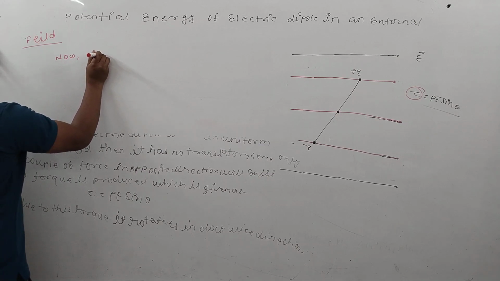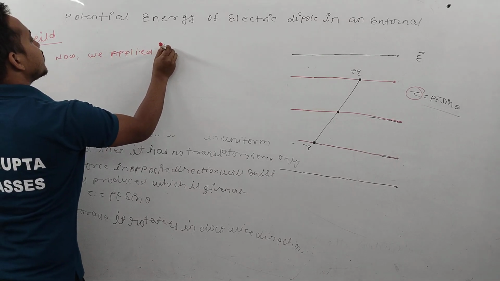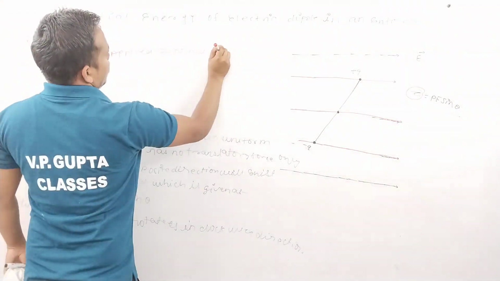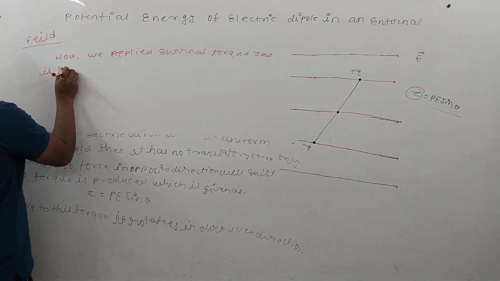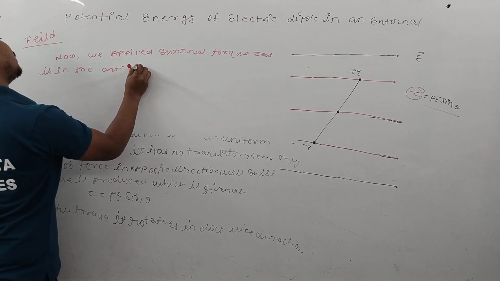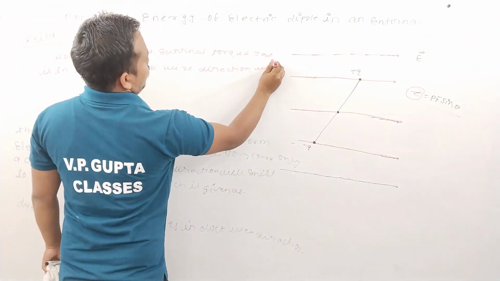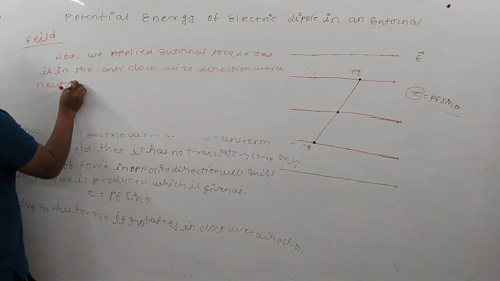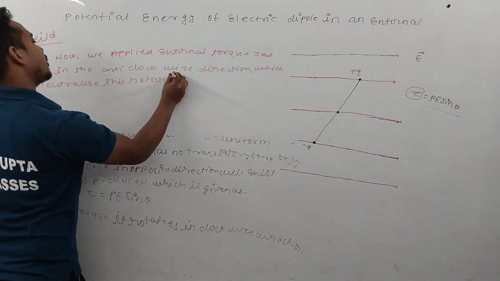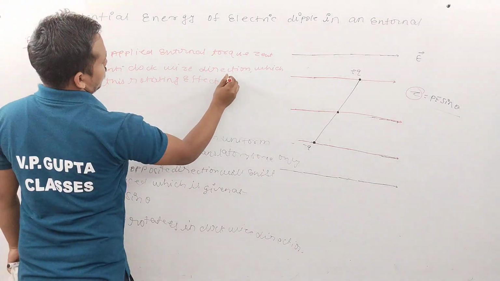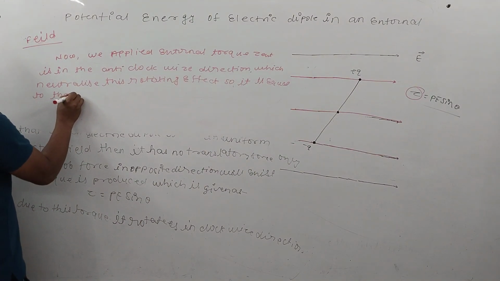Now we applied an external torque, tau ext, in the anti-clockwise direction, which neutralizes this rotating effect, so it is equal to the torque.